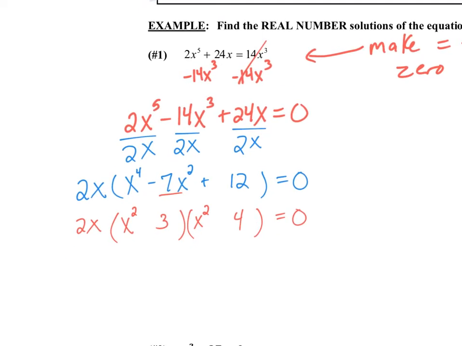Is there a way that we can do this so that the inside and the outside, when you add them up, give us negative 7? So we need it to be a negative 3 and a negative 4. So it's minus, because now we have negative 7x squared. That's what we wanted. And negative 3 times negative 4 is 12. So we were able to factor that out to x squared minus 3 times x squared minus 4.